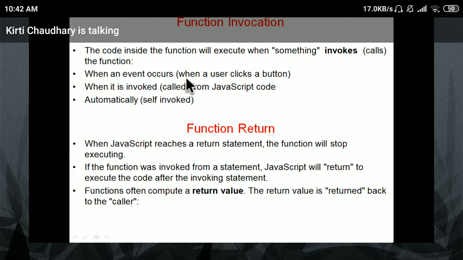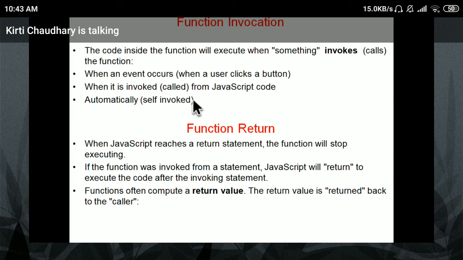When an event occurred, we already saw, when the user clicks a button, only at that time an event occurred. Which event occurred? Click button. Click is the event. That time a function will be called.